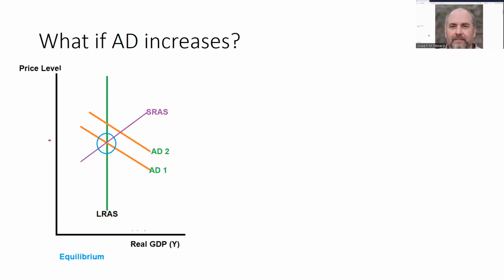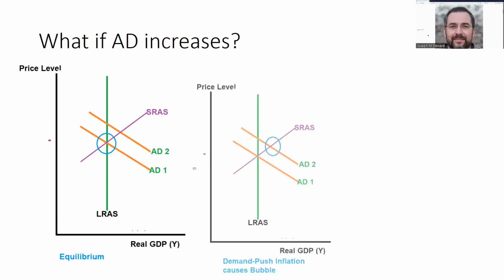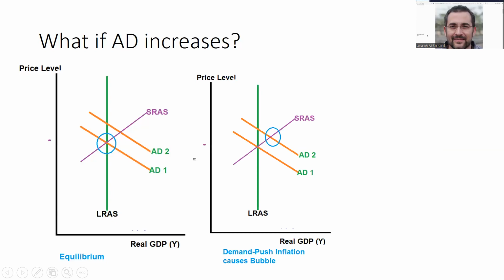We move then from equilibrium into a situation where the price level goes up and GDP production increases as well. But it's a bubble because it's above the long-run aggregate supply curve. It wasn't a fundamental shift in aggregate supply. It was just a temporary increase in short-run aggregate supply, which leads to what is called an inflationary gap.